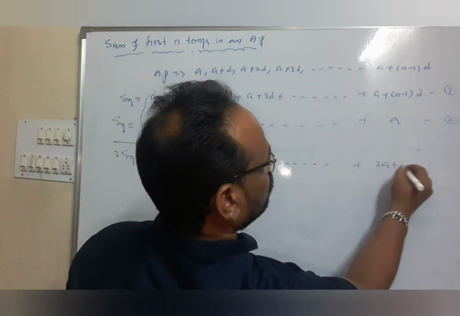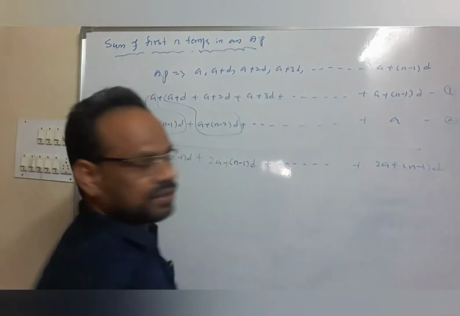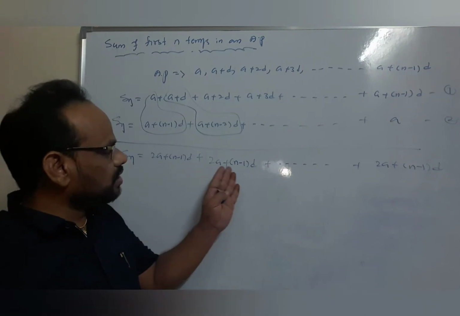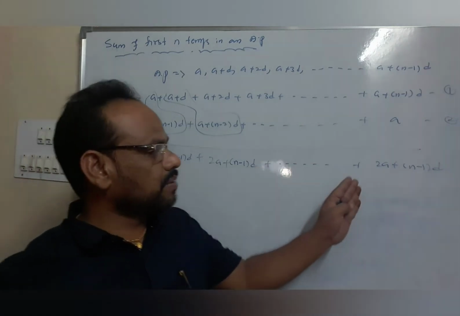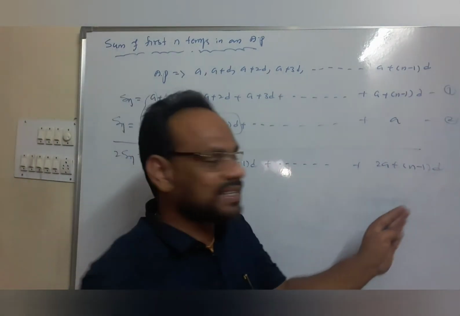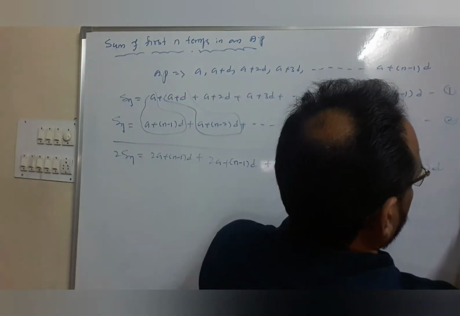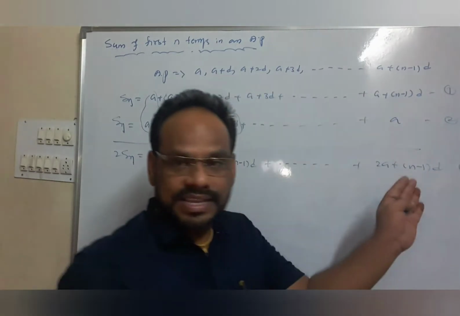This is also 2A plus n minus 1 into D. How many times? n times.